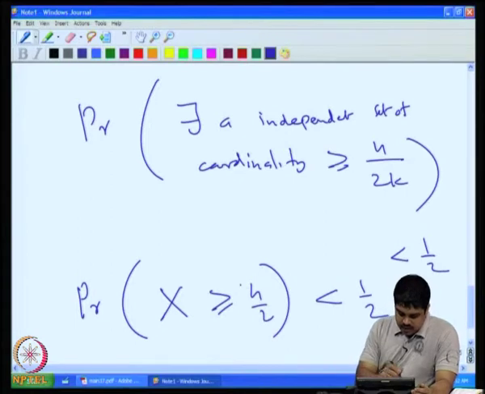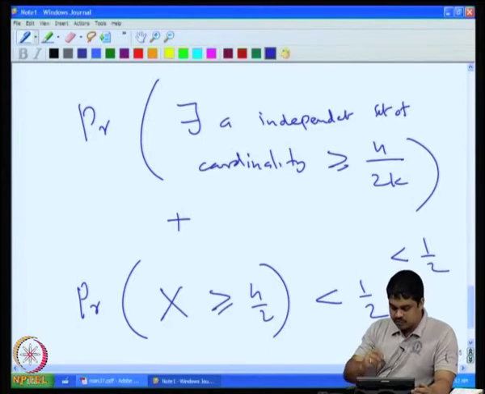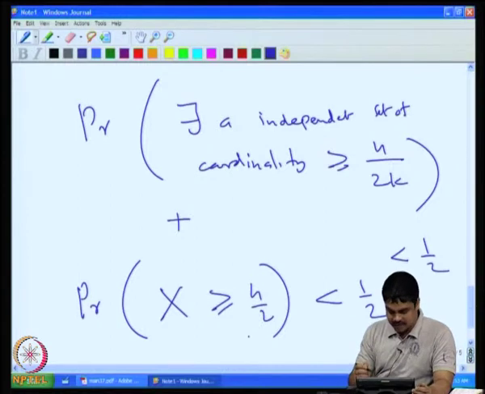So, when you sum up these probabilities, we get the probability that at least one of them happens, either this event or this event. That will be strictly less than 1.